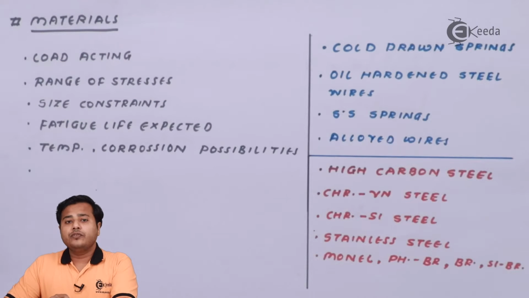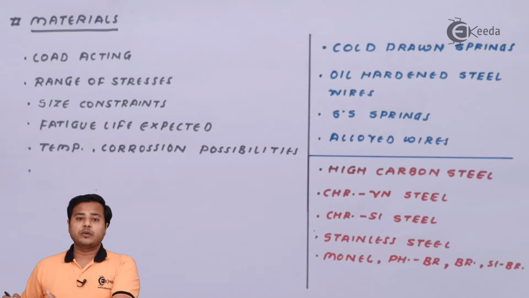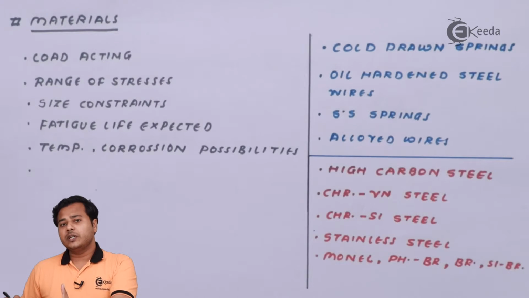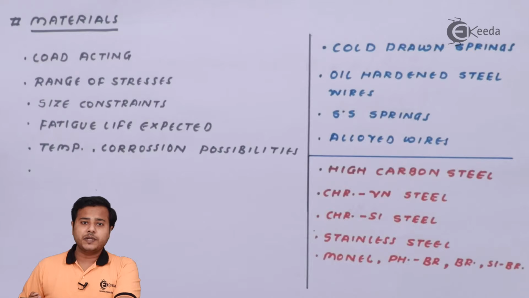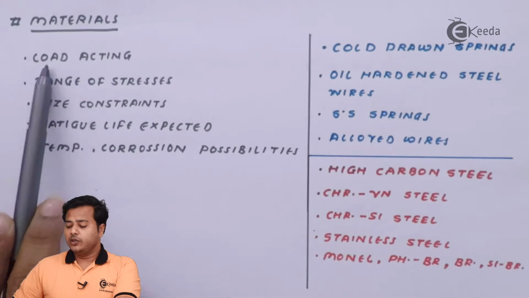Now students, before we move to the actual design procedure, we need to understand the materials that can be used for springs. There are certain properties which are expected from the materials of springs that are going to undergo a certain environment. For example, the materials are chosen based on the loads acting.